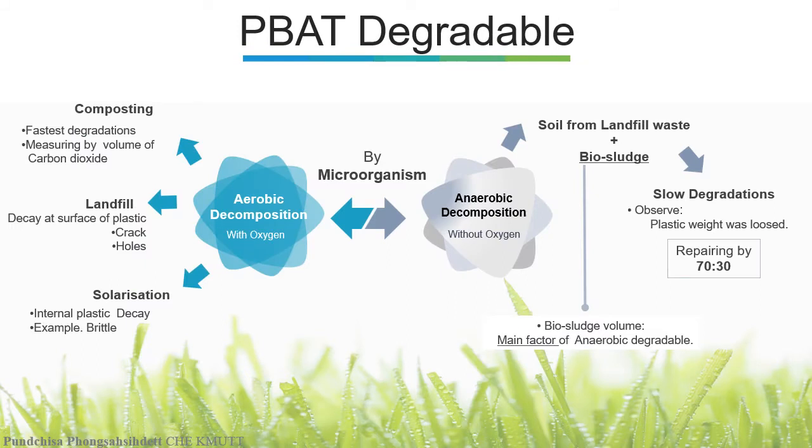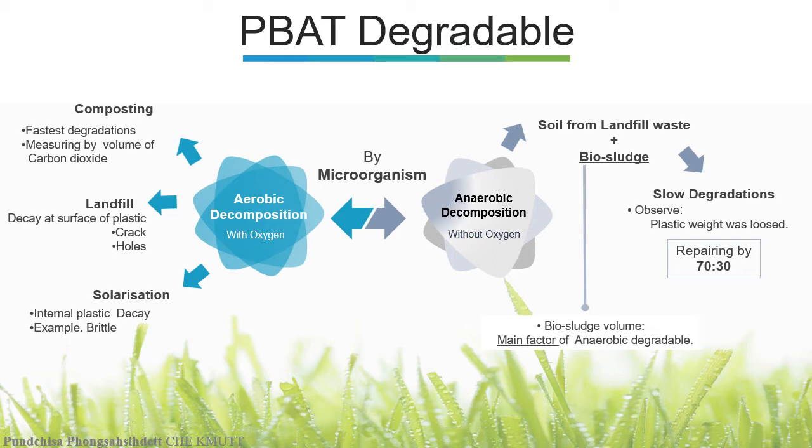Okay, it comes to the last type of biodegradable plastics, which is PBAT. PBAT is biodegraded by two kinds of decomposition, which are anaerobic and aerobic decomposition. Start with anaerobic decomposition.